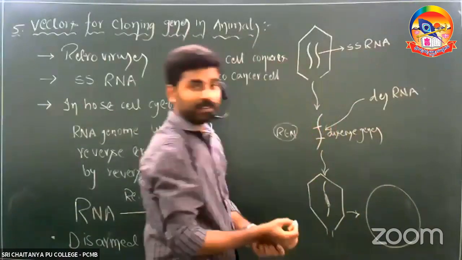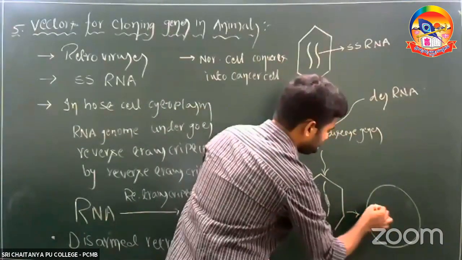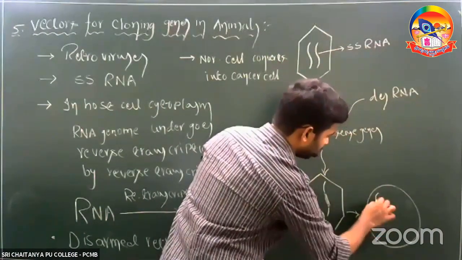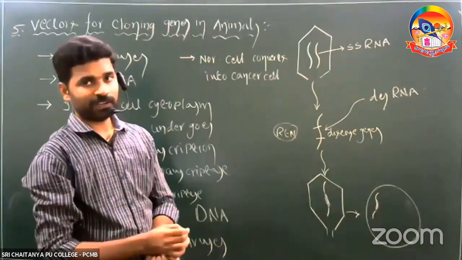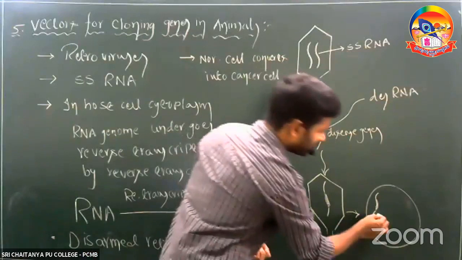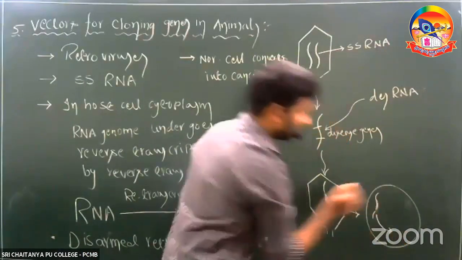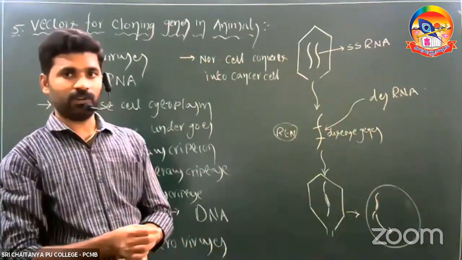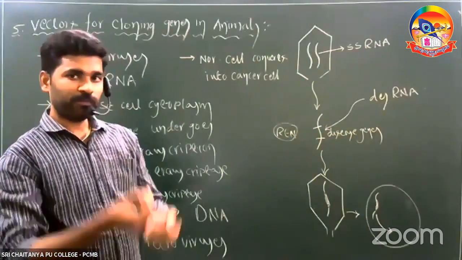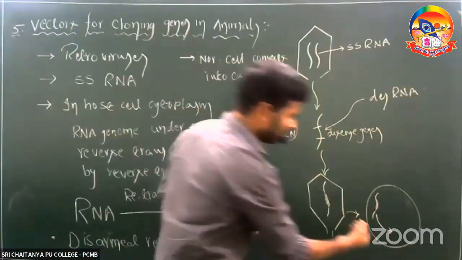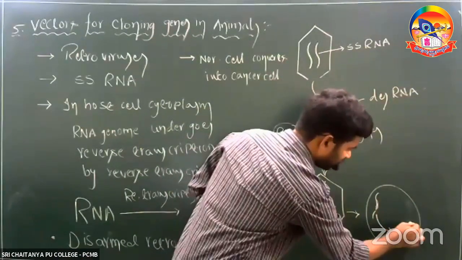the RNA molecule enters into the animal cell cytoplasm. By the reverse transcriptase enzyme, that single-stranded RNA molecule which enters the animal cell cytoplasm forms a double-stranded DNA molecule with the help of the reverse transcription process.